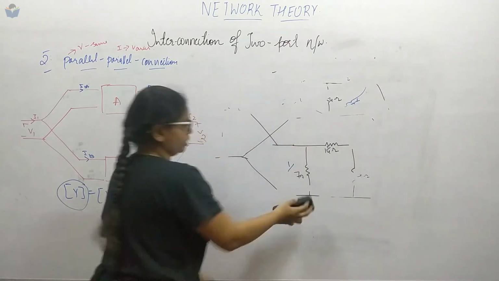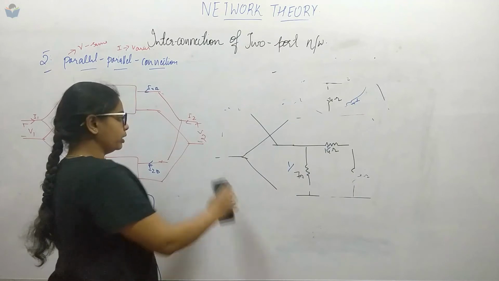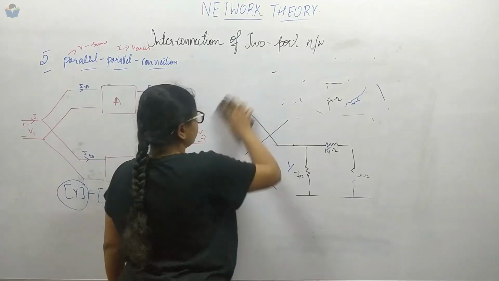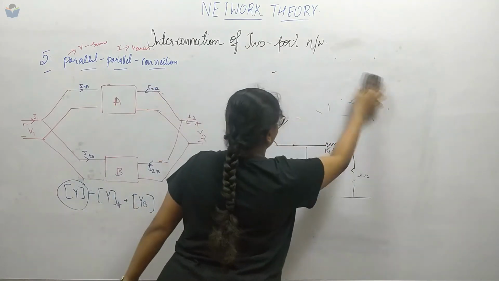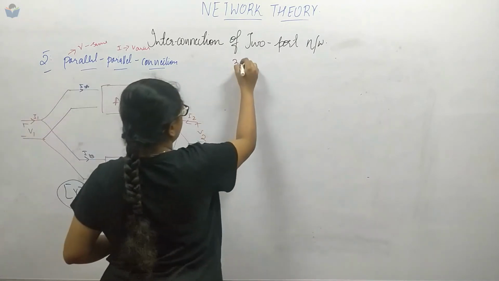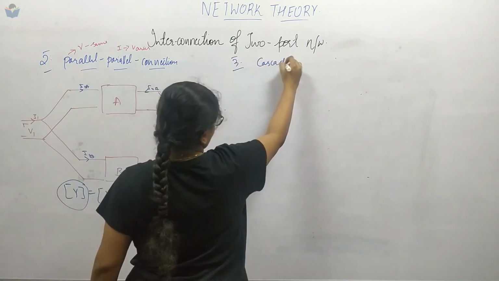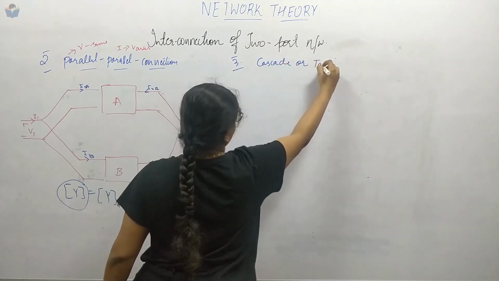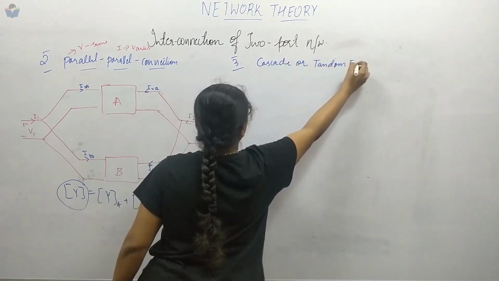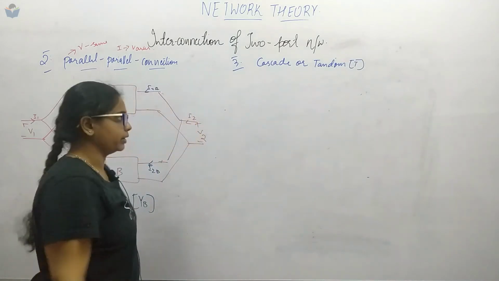Cascading is that you will multiply both the parameters. Similarly here also we will do the same thing. So the third connection is cascade or tandem, that is using ABCD parameters.